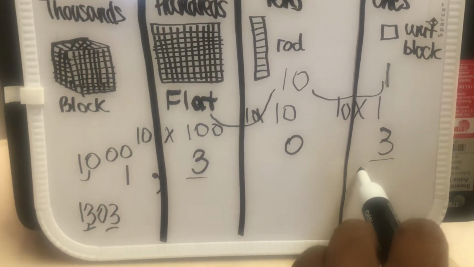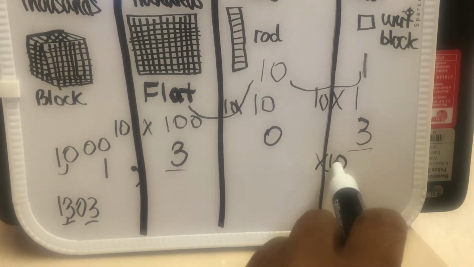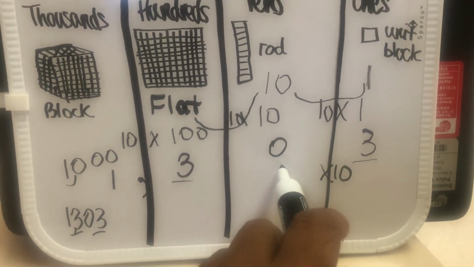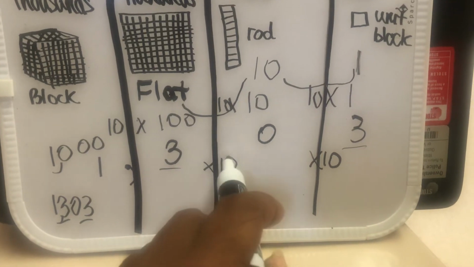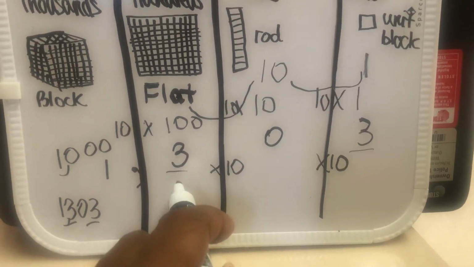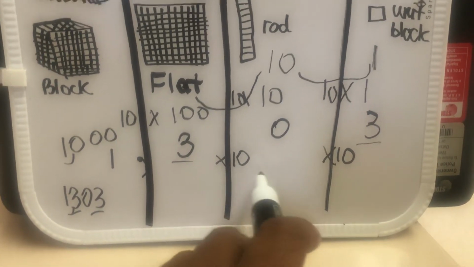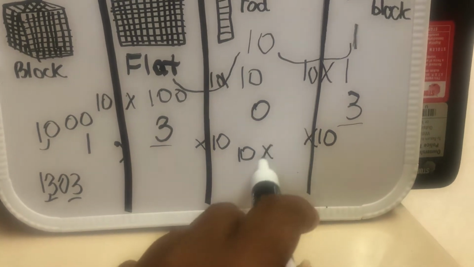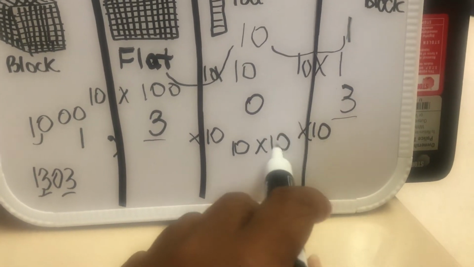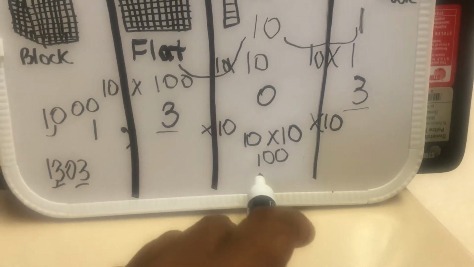So I went over times 10 to get to the tens place, and to get from the tens place to the hundreds place, again, I will multiply times 10. So I know that 10 times 10 gives me 100.